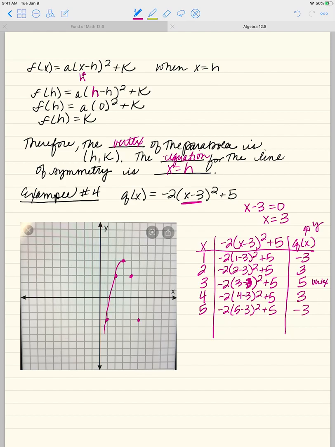So now we have a little upside down parabola, and our vertex is at 3, 5. The line of symmetry for this parabola is right here at x is equal to 3.